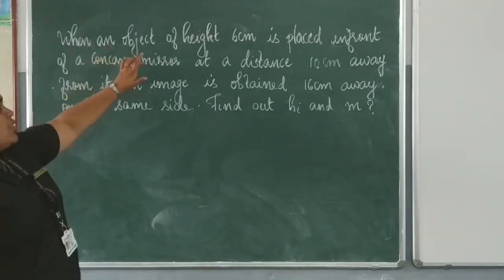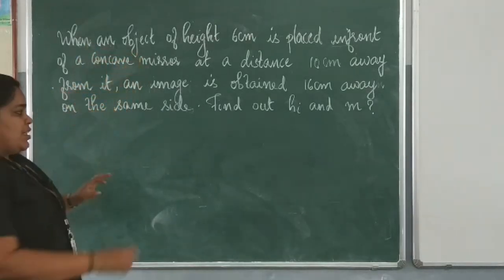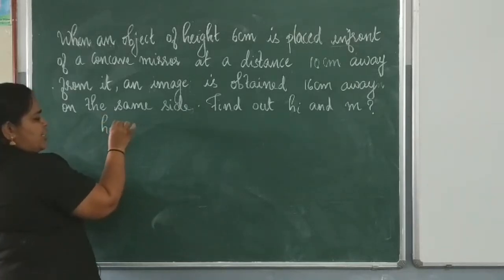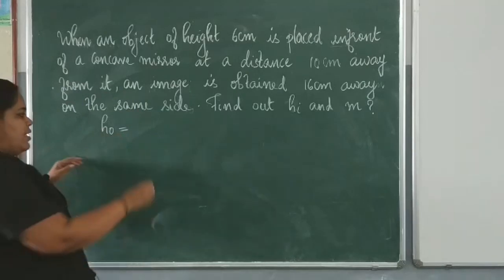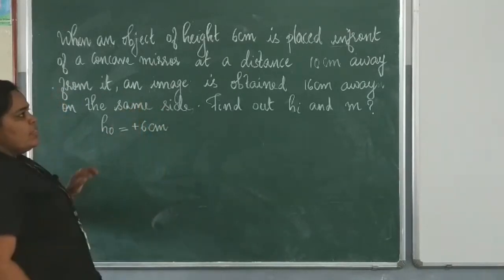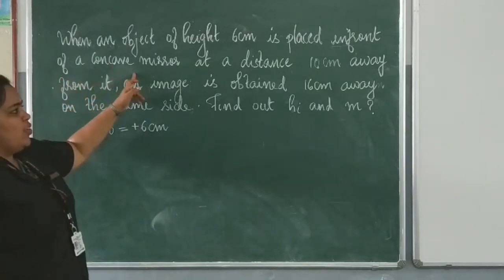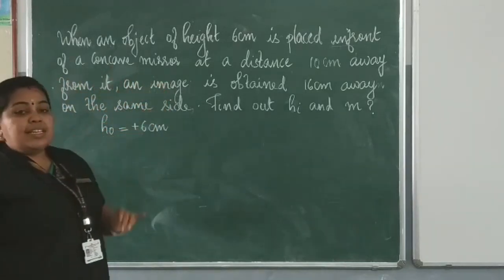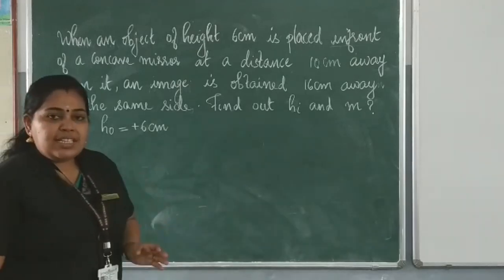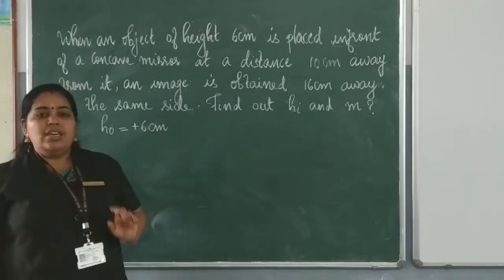The height of the object is given, isn't it? So HO is equal to the height of the object, it is above the principal axis, so plus 6 centimeter, placed in front of a concave mirror at a distance 10 centimeter. So what is this 10 centimeter? It is the distance of the object to the mirror.